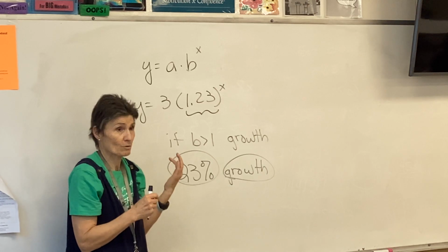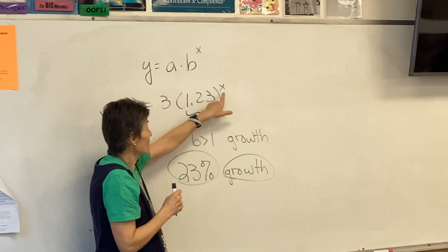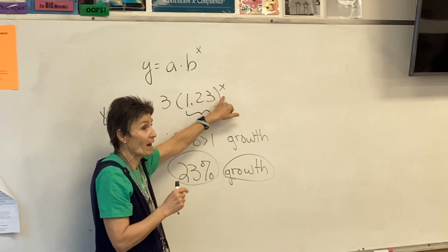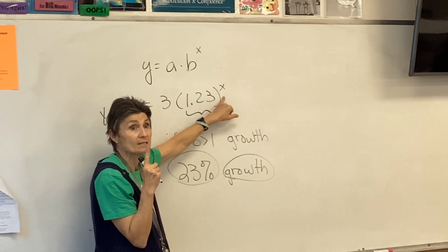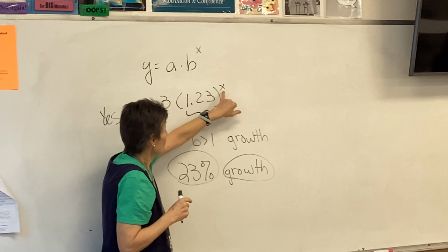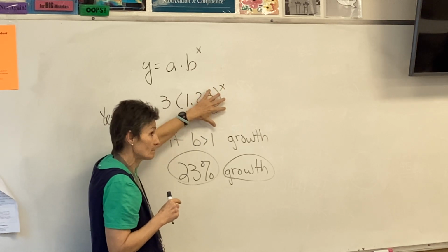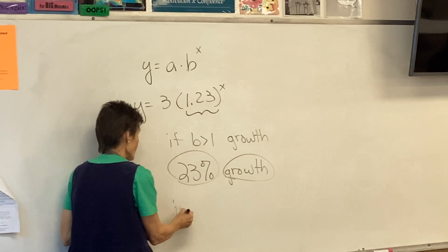It's like the y-intercept, it's where you begin. So think about if x is 0, guys, what's anything to the 0 power? You need to know this. Anything to the 0 power is 1. So if I put a 0 in there, this would become 1, wouldn't it? Times 3, what's my initial value? 3.